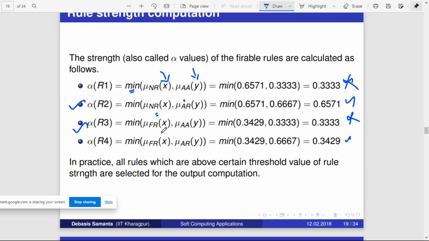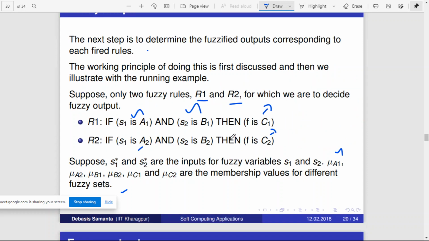Suppose S1 star and S2 star are the inputs for the fuzzy variables S1 and S2, and mu A1, mu A2, mu B1, mu B2, mu C1 and mu C2 are the membership values for different fuzzy sets. A1, A2, B1, B2, C1, C2 are the fuzzy sets. Let us assume these are the membership functions for all these fuzzy sets.